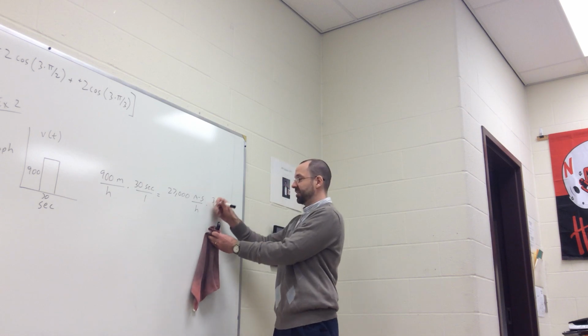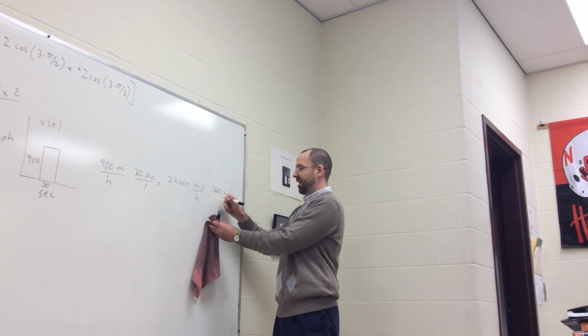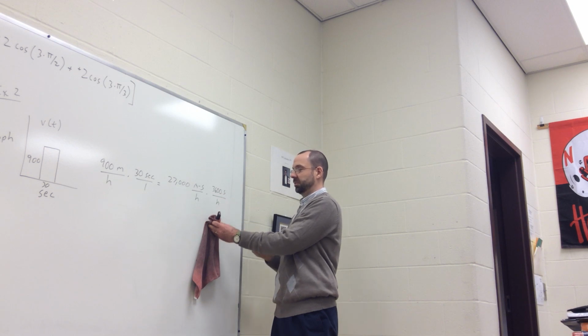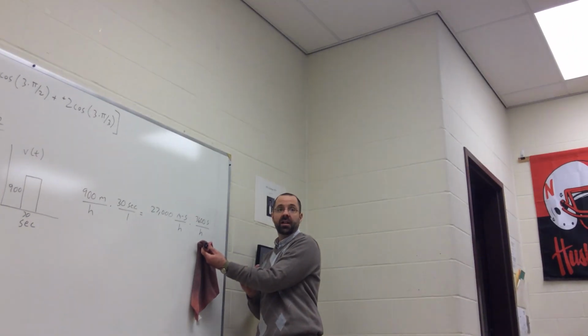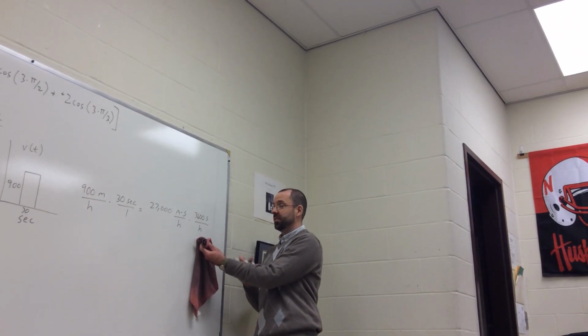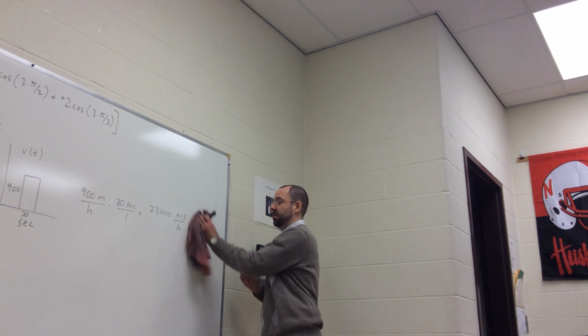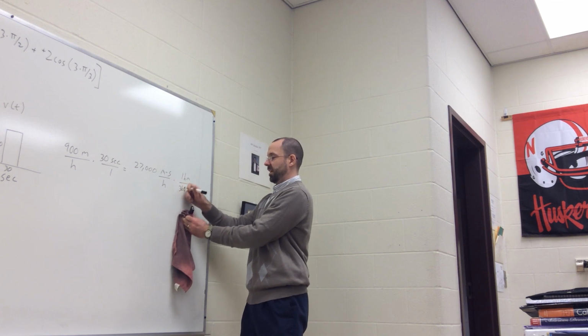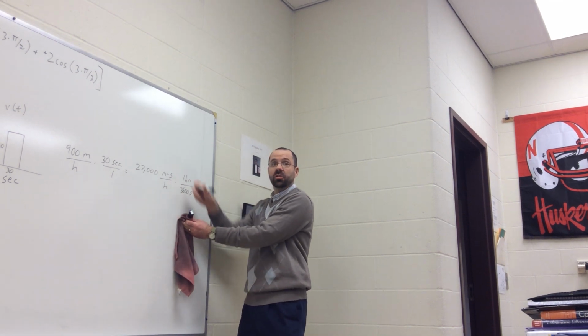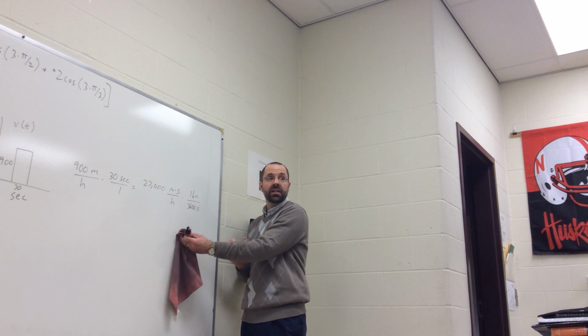So 3,600 seconds per hour. So if I write it like that, I'm wrong, right? Because my dimensional analysis, nothing's going to cross out. So I want 1 hour over 3,600 seconds. So now my seconds will cross out and my hours will cross out, right?